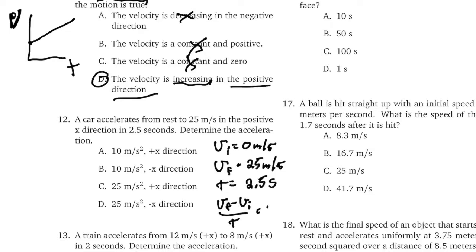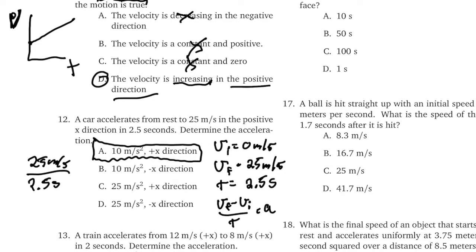Then I would divide it by T, and that would tell me the acceleration. So I have 25 minus 0. So I have 25 meters per second divided by 2.5 seconds. And it's in the positive direction. And so our answer is, where is it? It is A, 10 meters per second squared in the plus x direction.